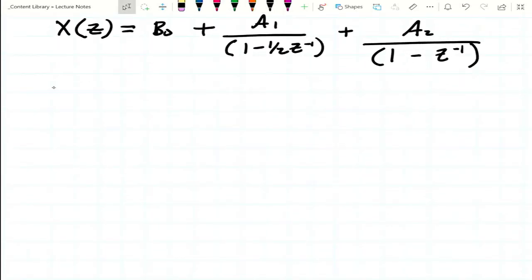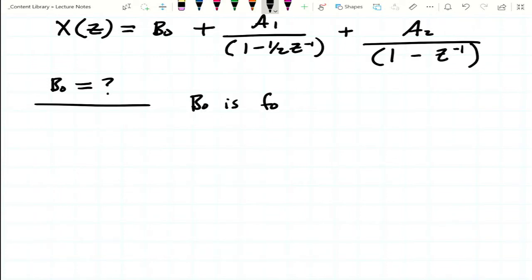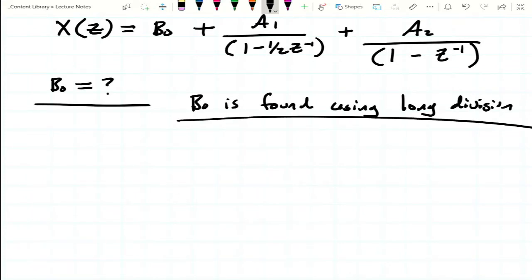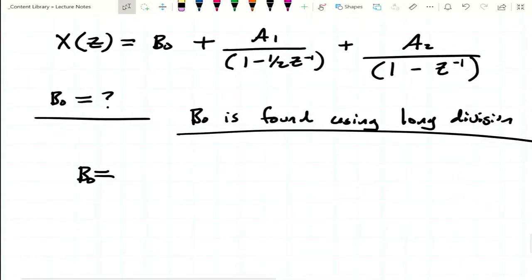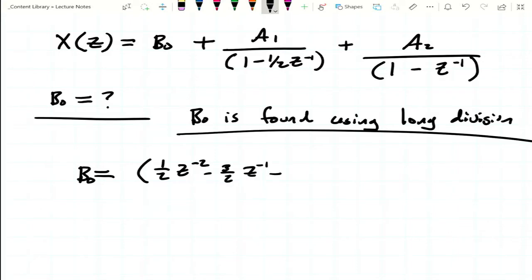So let's see. We've got to find b of 0. And to find b of 0, we use this weird kind of long division method. B of 0 is found using long division. In fact, they'll all be found using long division. What I mean by that is b of 0 is equal to this expression that we'll unpack here in a second: 1/2 z to the negative 2 minus 3/2 z to the negative 1 plus 1.